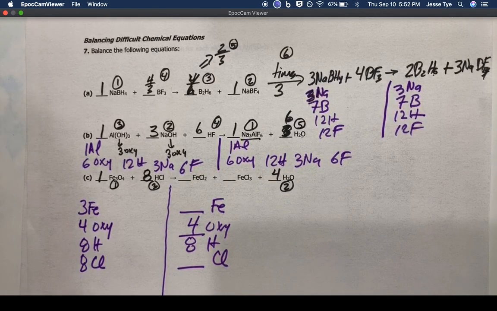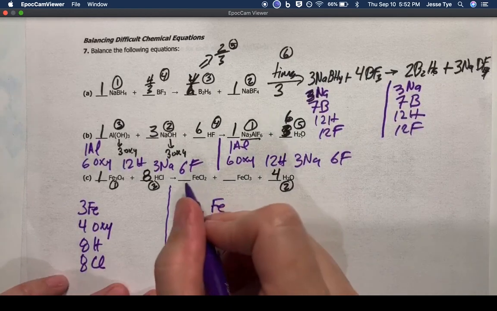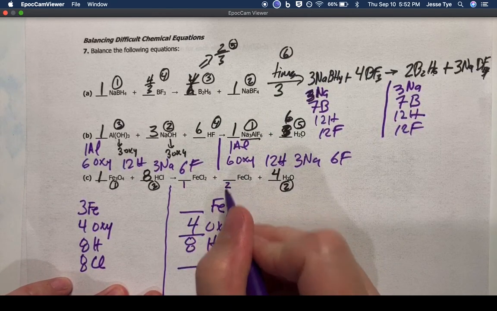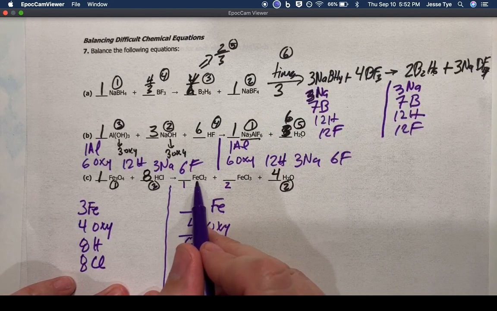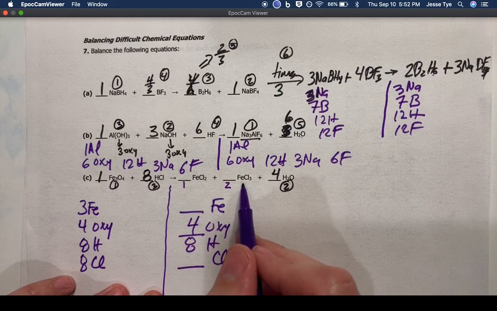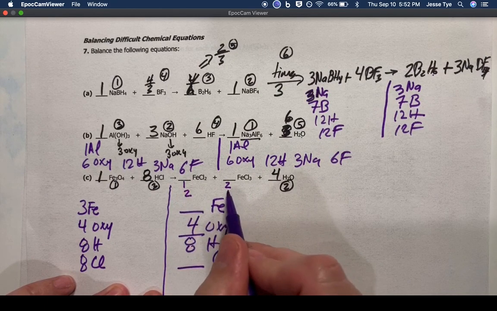Well, we've got an interesting situation here. So we either can have 1 and 2, so 1 of iron 2 chloride and 2 of iron 3 chloride, or 2 and 1.